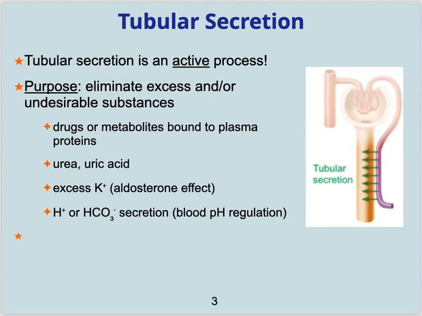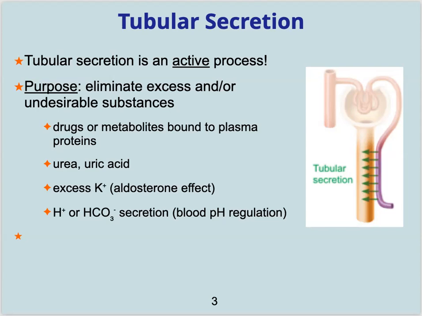Other things that are secreted are undesirable substances that were initially passively reabsorbed, like urea and uric acid. Also, if you have too much potassium in your body, this is something we'll discuss in conjunction with the renin-angiotensin-aldosterone system later in this lecture.